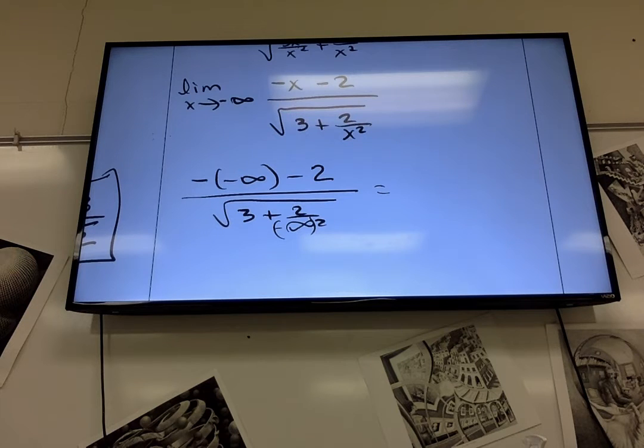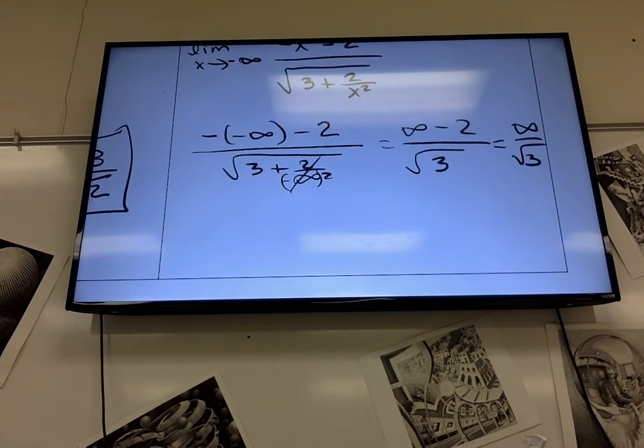Negative infinity squared would be positive infinity. And then 2 over infinity is 0, that goes away. So infinity minus 2 is still infinity. Infinity divided by a number is still infinity.